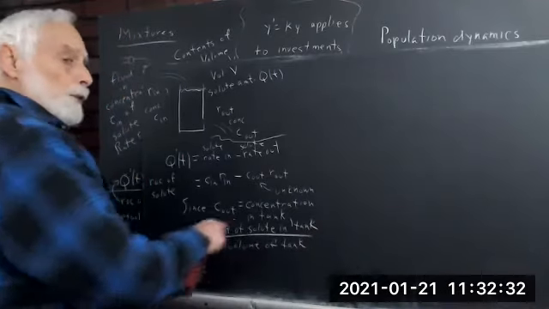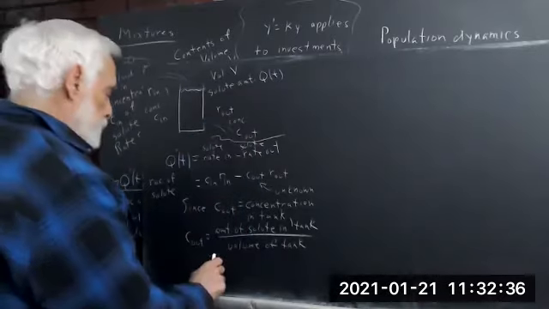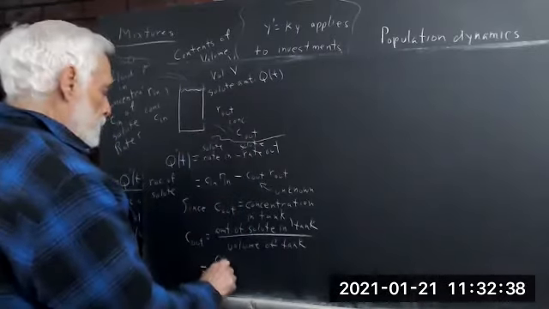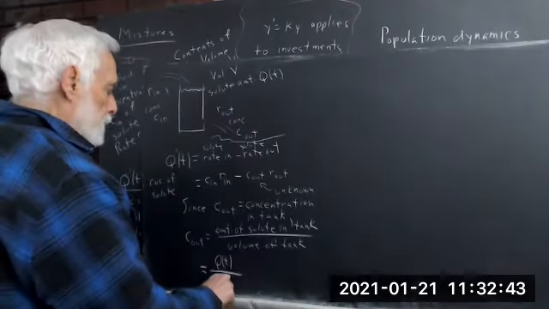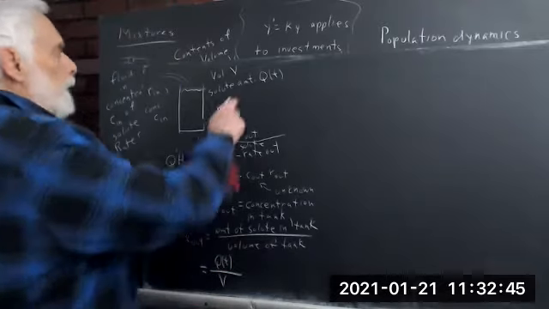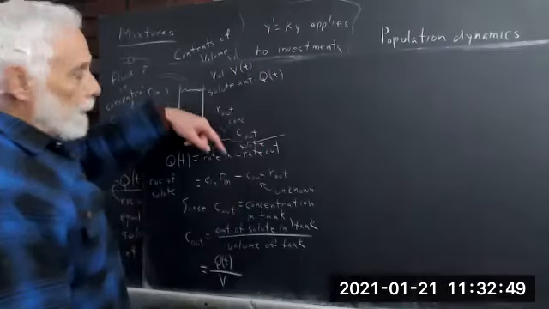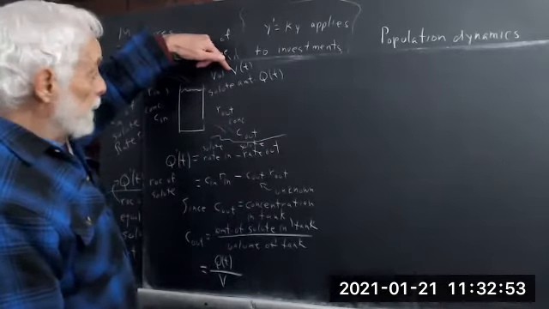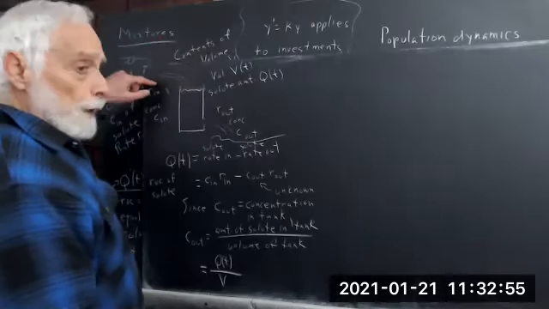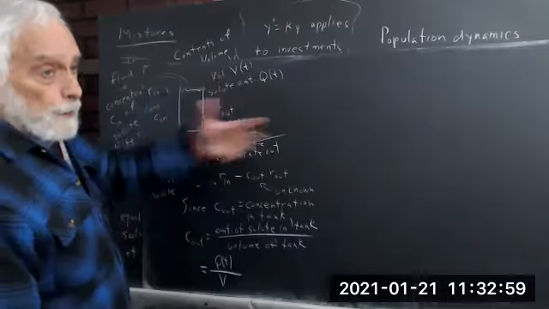So how much solute's in the tank? Q of T. What's the volume of the tank? V. And volume might be a function of T. Now, if the rate out is equal to the rate in, the volume's going to be constant. But if your rate out and your rate in are different, which might well be, then V will be a function of T, and we have to find out.